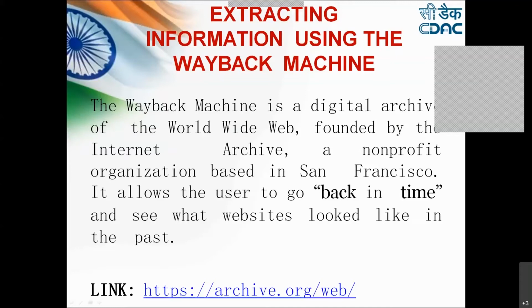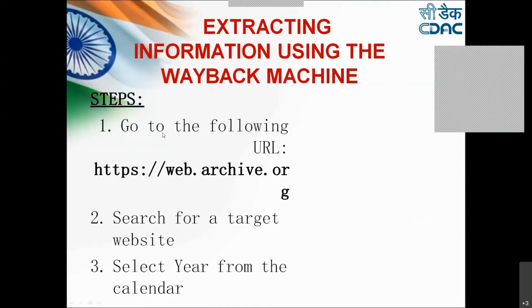And for this, the hackers are using the link https://archive.org/web. When we go to this particular link, we search for a target website, and from there we can even select the year from the calendar for which we want the information to be extracted.